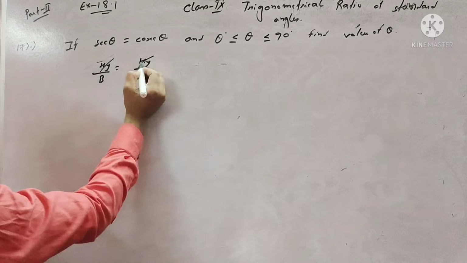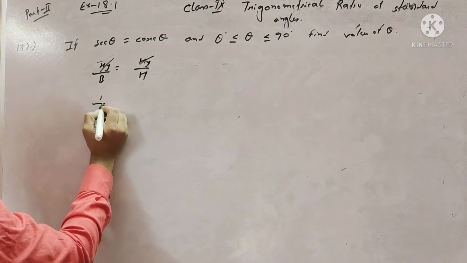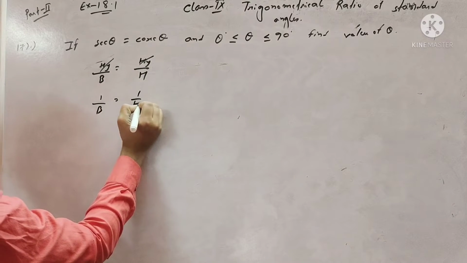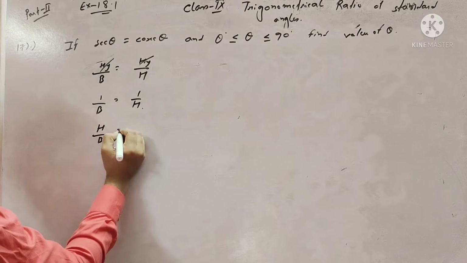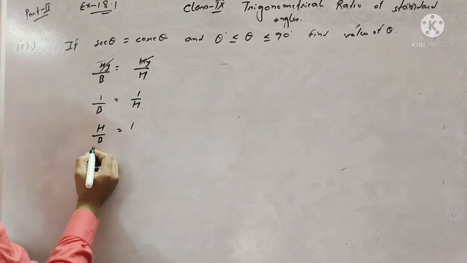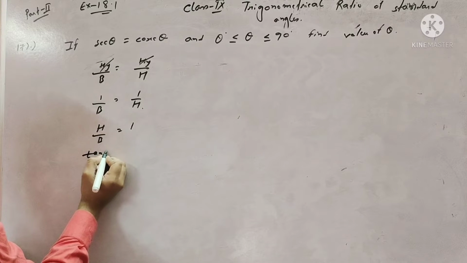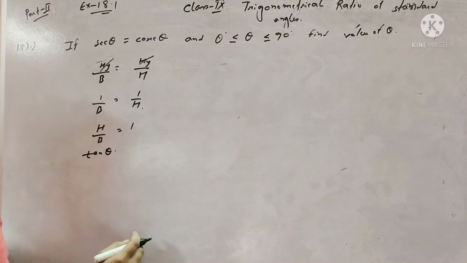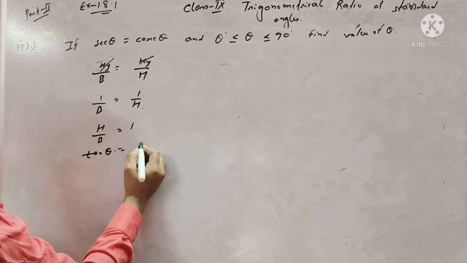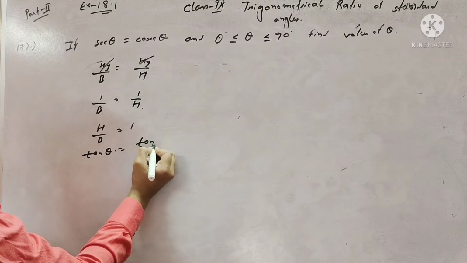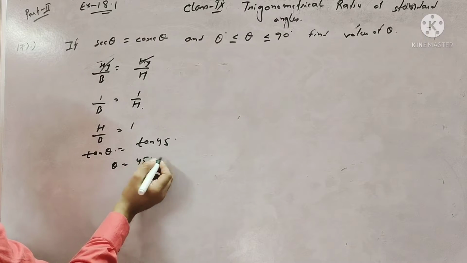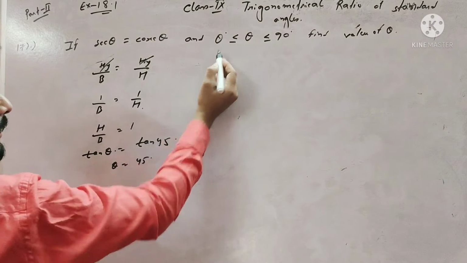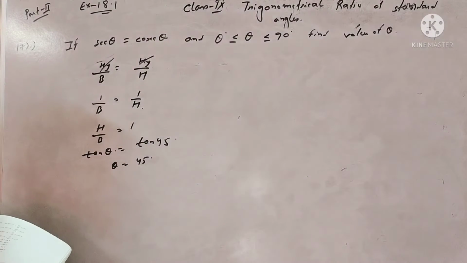So hypotenuse cancel, 1 by base equals 1 by height. Height going this side, that means height by base equals 1. Height by base, we know that is tan theta, and we know that the value of tan 45 is 1. So tan cancel, theta equals 45. You see the value of theta is greater than 0 but less than 90.